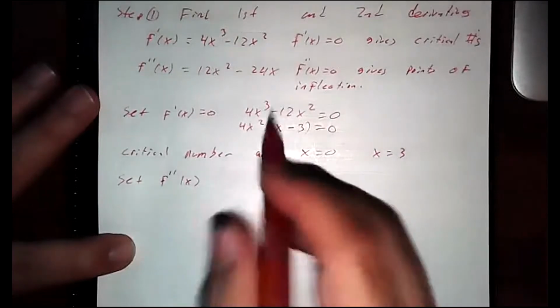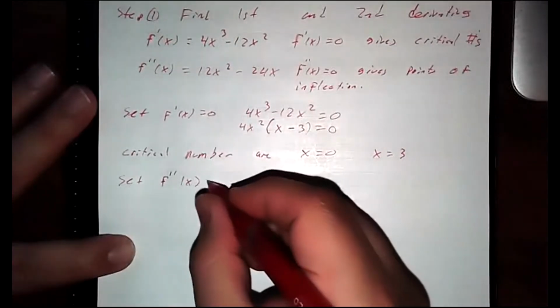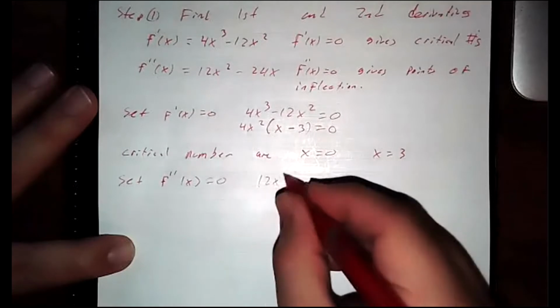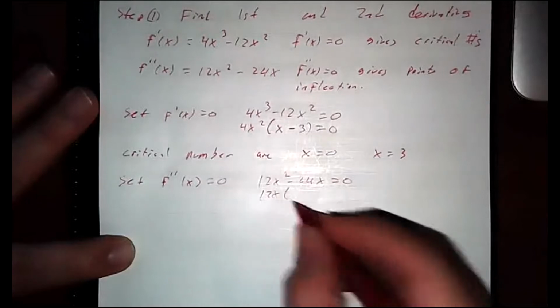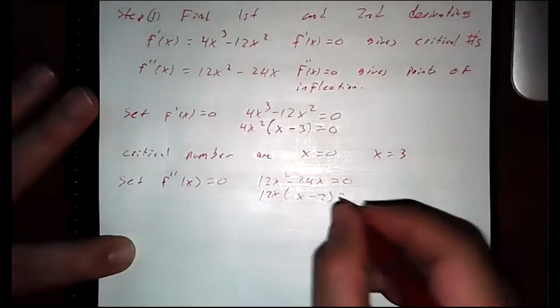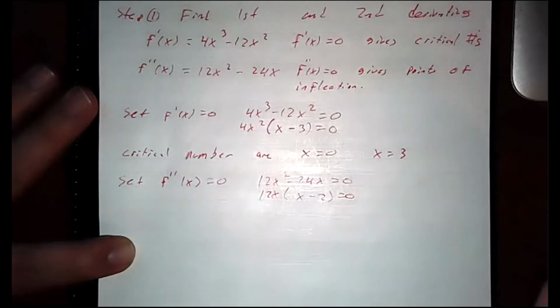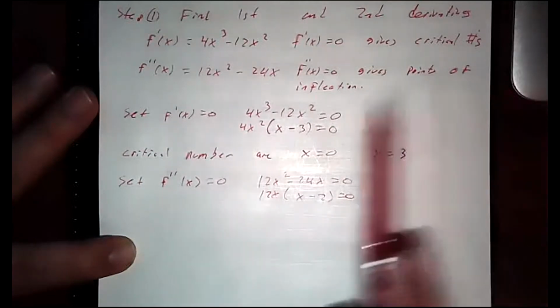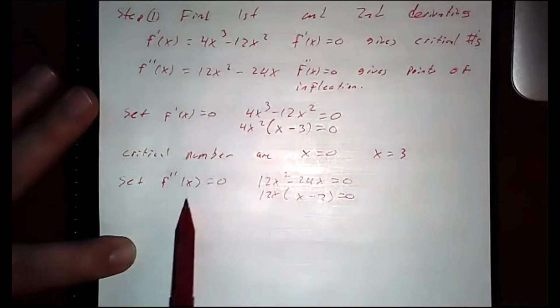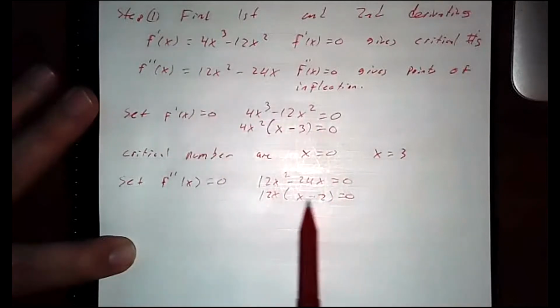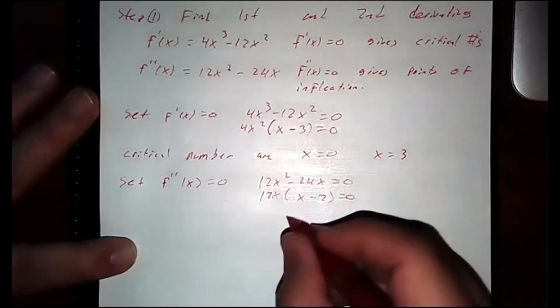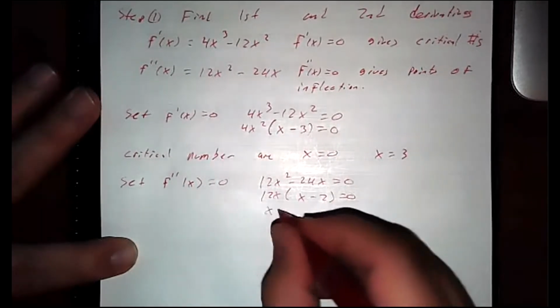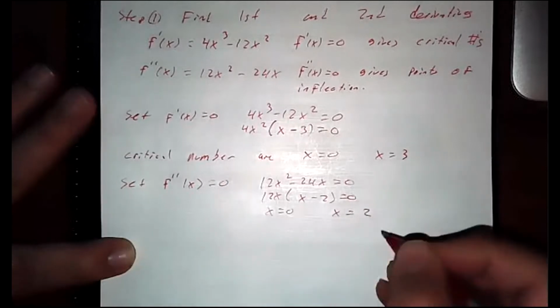So the second derivative will be set to 0. That would be 12x squared minus 24x equal to 0. Factor out 12x. That gives us x minus 2. Did I do that right? So x equals 0, x equals 2.